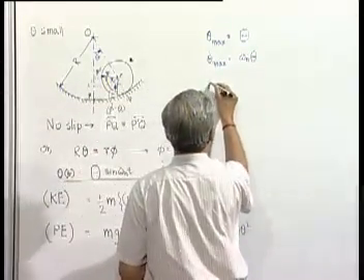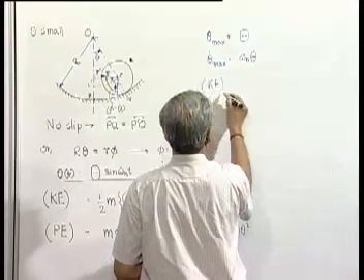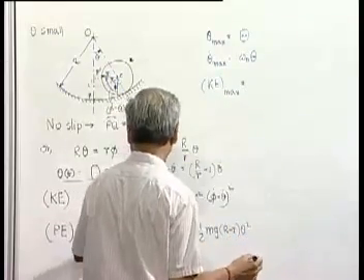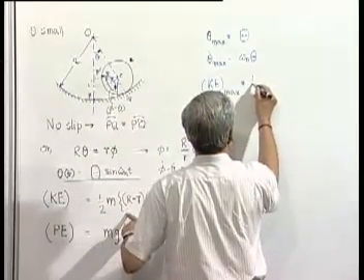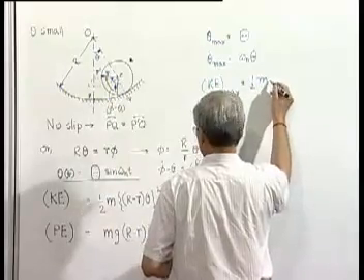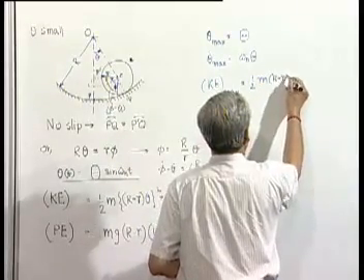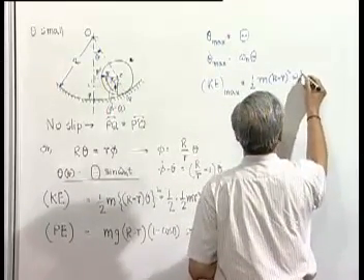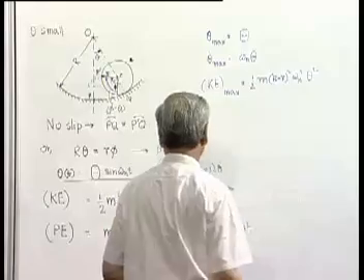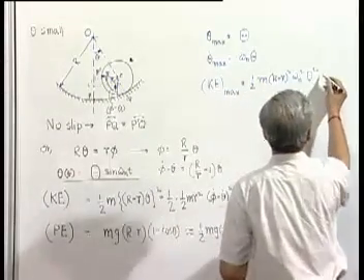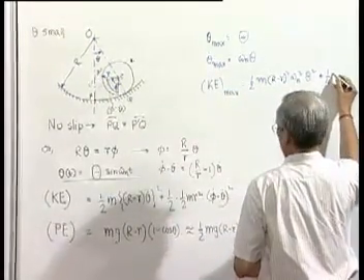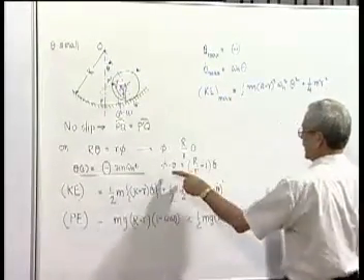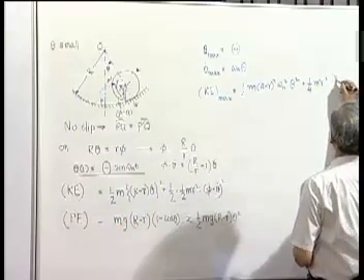So KE maximum will be equal to half m (R minus r) square. Now theta dot square maximum will be omega n square. This term will give us 1/4 m r square, and phi dot minus theta dot is this.